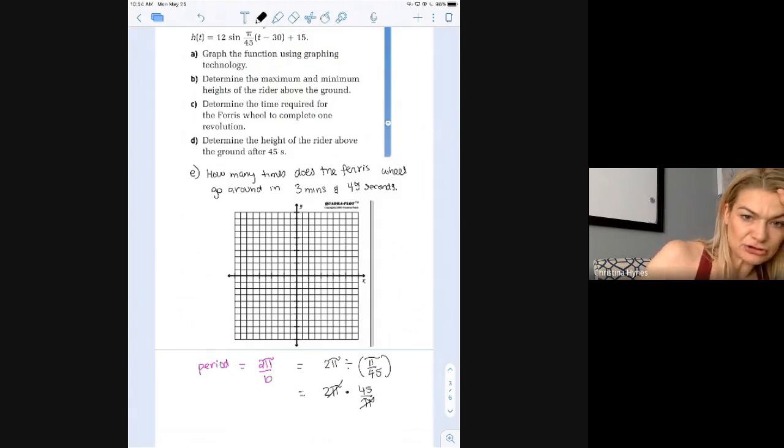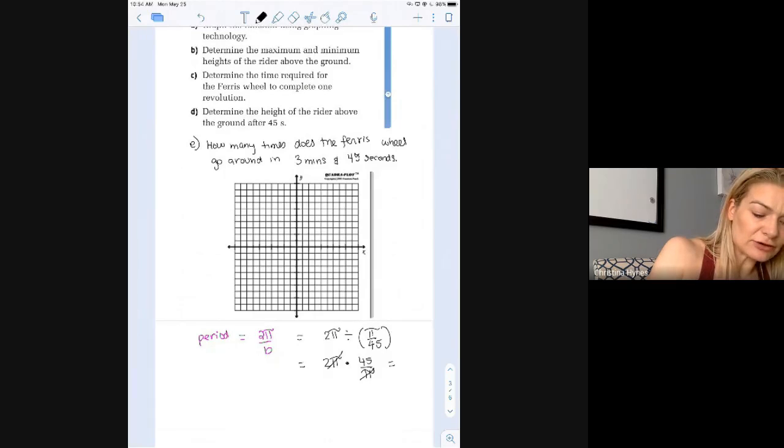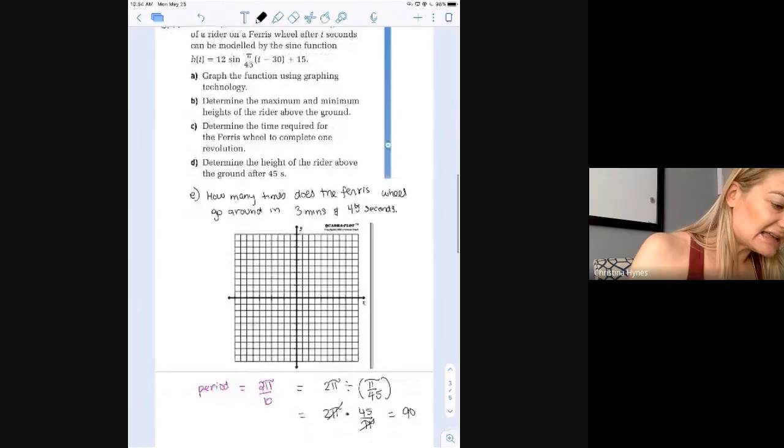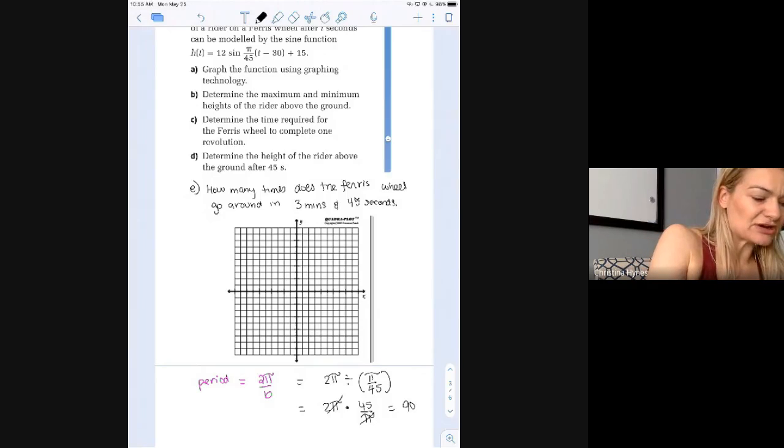These guys are going to cross each other off, leaving you with 2 times 45, which is 90. So we know that it's going to take 90 seconds for this, in my case, a Ferris wheel to go around 1 time. So that's going to answer question C: determine the time required for the Ferris wheel to complete 1 revolution. So you'd say 90 seconds.